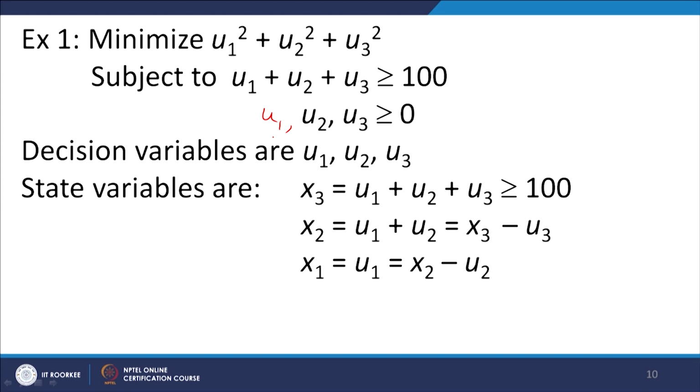So, we will write that x3 should be greater than or equal to 100. Similarly, going backwards, we will define x2 as u1 plus u2, which is actually equal to x3 minus u3, and finally, we will define x1 as u1, which is equal to x2 minus u2. So, that is the way the state variables are to be defined.